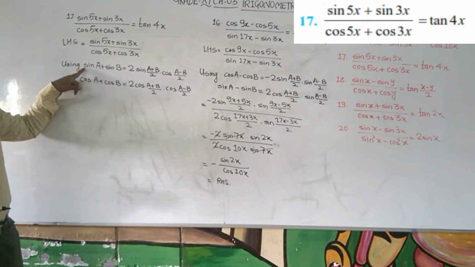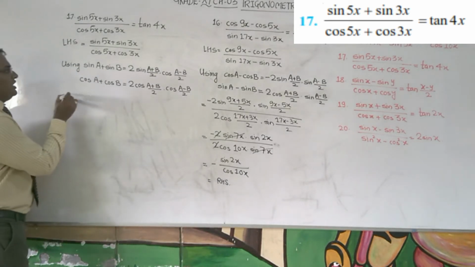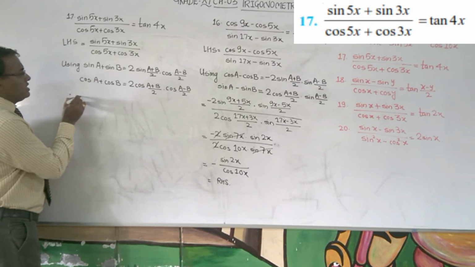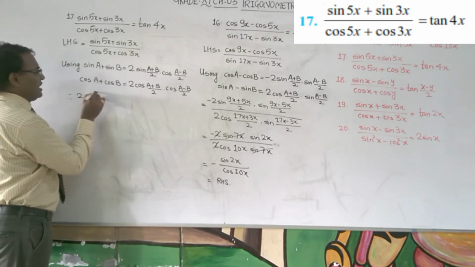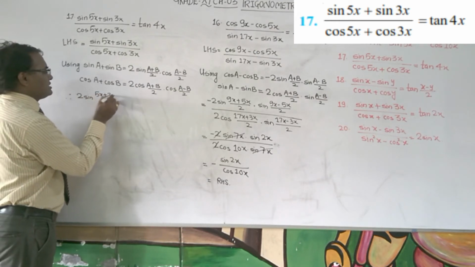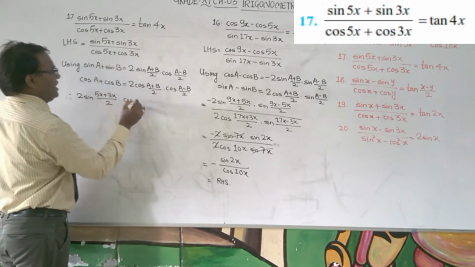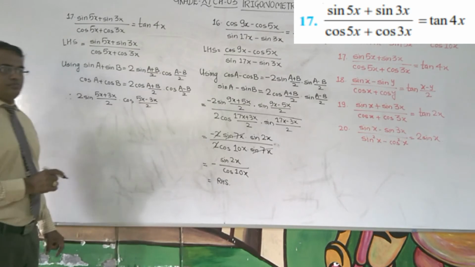Now formula number 1 we have to use in numerator, formula number 2 we have to use in denominator. So very easily what we can do is the numerator will change, that is 2 sin (A plus B) means 5x plus 3x upon 2 into cos (5x minus 3x) upon 2.